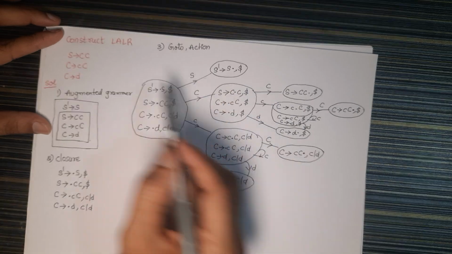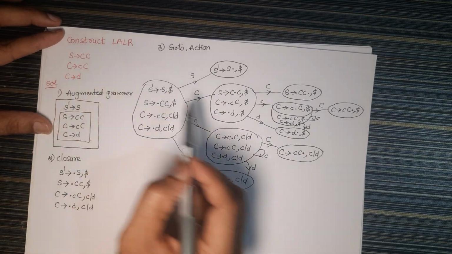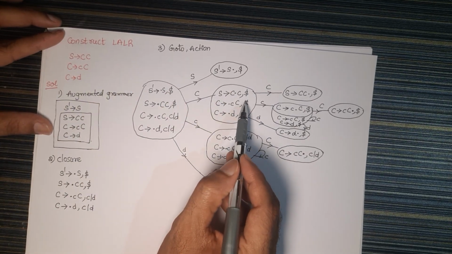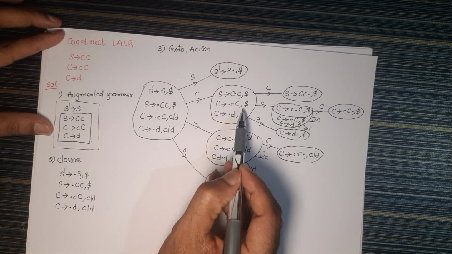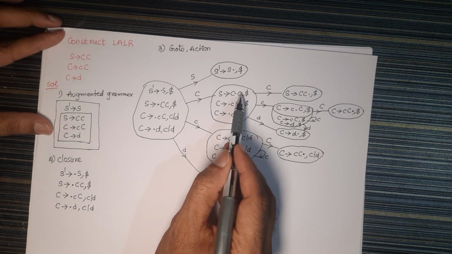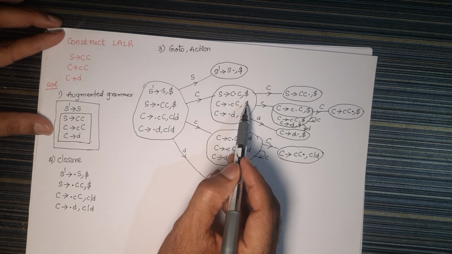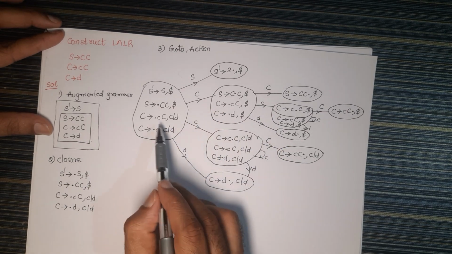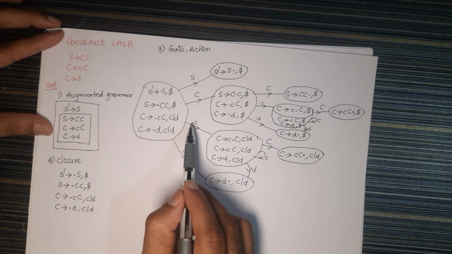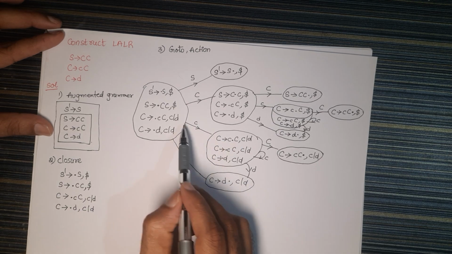When the C is there, we just write these two productions as it is. Okay, but we need to find out this value. For this C we have written these two values. How to find this comma? After C we have dollar. First of dollar is dollar. So like this we will find this one. Now if you see, C tends to CC. So C tends to CC will become C tends to C dot C comma C by D.